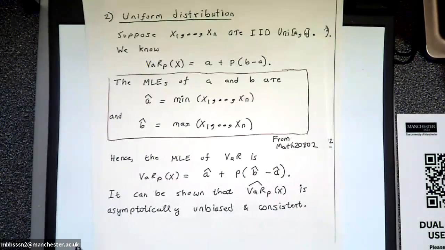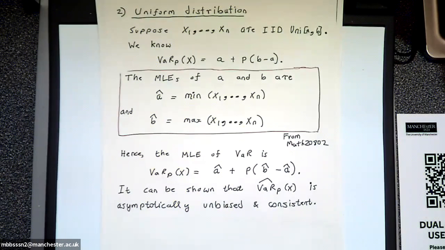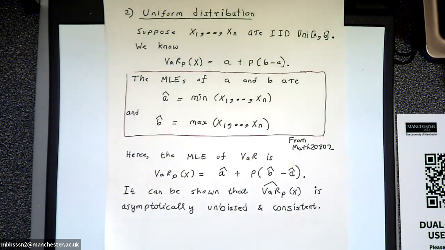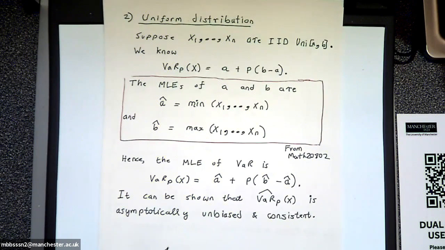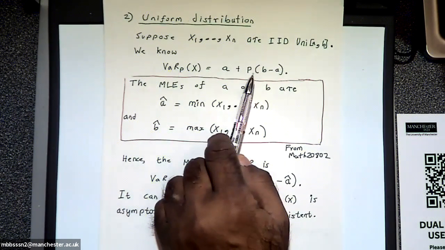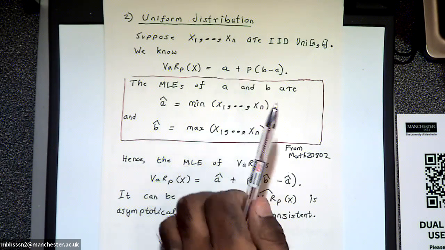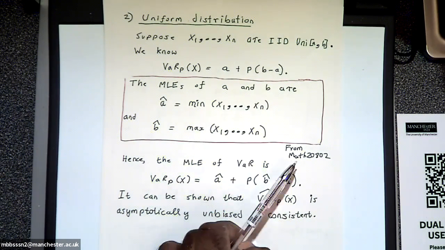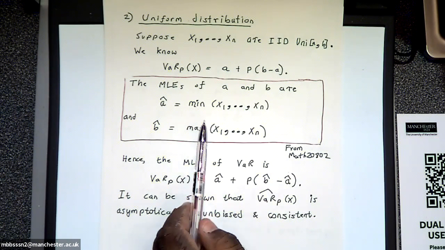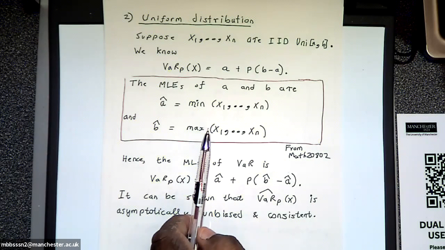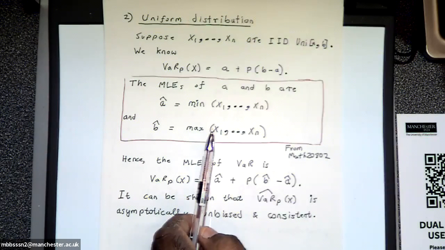The second of the parametric methods assumes that the losses are uniformly distributed from a to b. So this is the formula for VaR, which we derived last week. And again, from stat methods, you should know that the estimators for a and b are the min and the maximum, or the smallest and the largest data points.